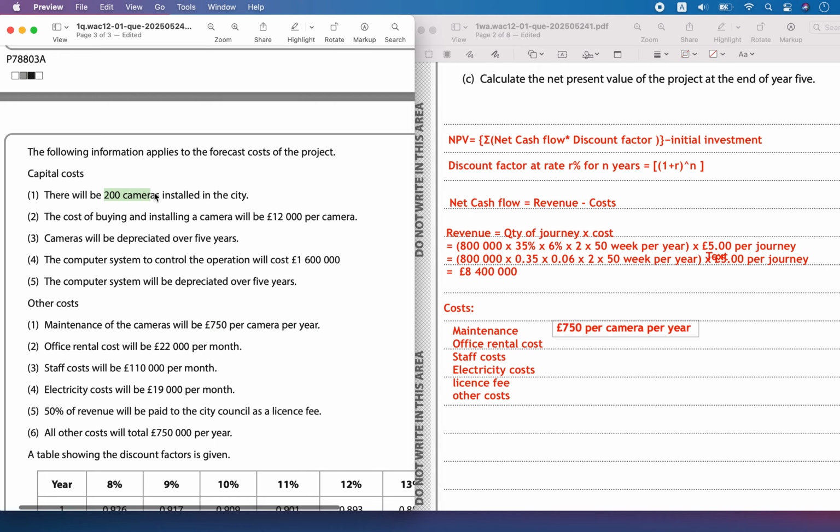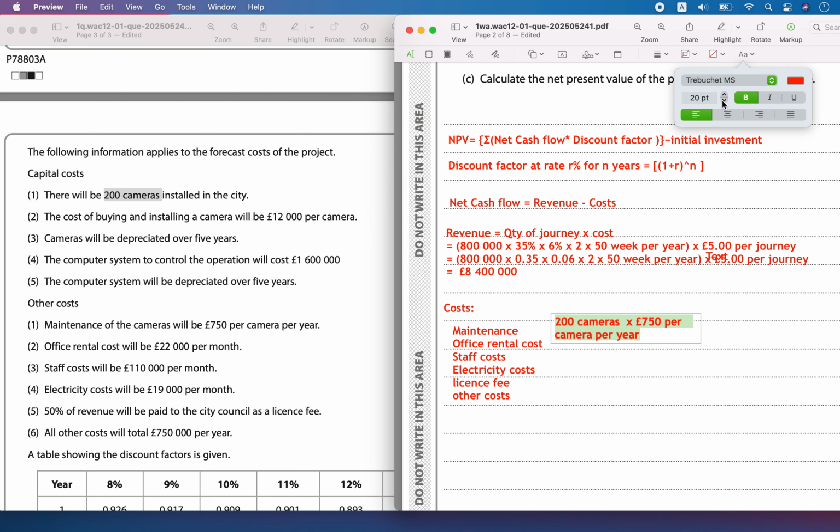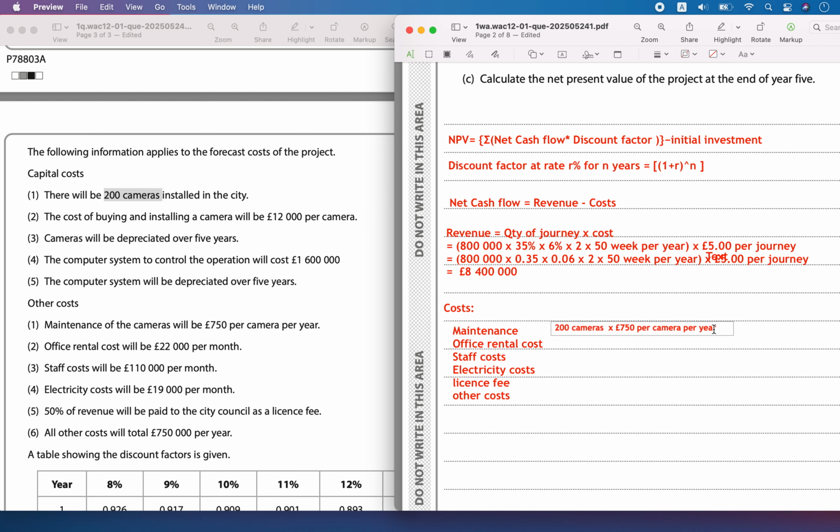They are saying 200 cameras were installed. So for 200 cameras, each camera has 750 pounds of maintenance cost involved. This is the maintenance cost that's happening.